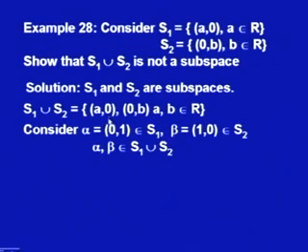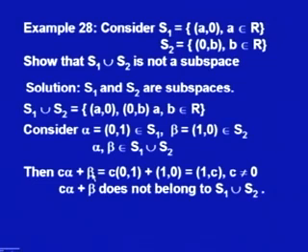Now, for this we consider alpha as 0 comma 1 belonging to S1. Here I am taking B equal to 1. Beta is equal to 1 comma 0 belonging to S2, 1 is A. Now, alpha, beta belong to S1 union S2. Let us check this.